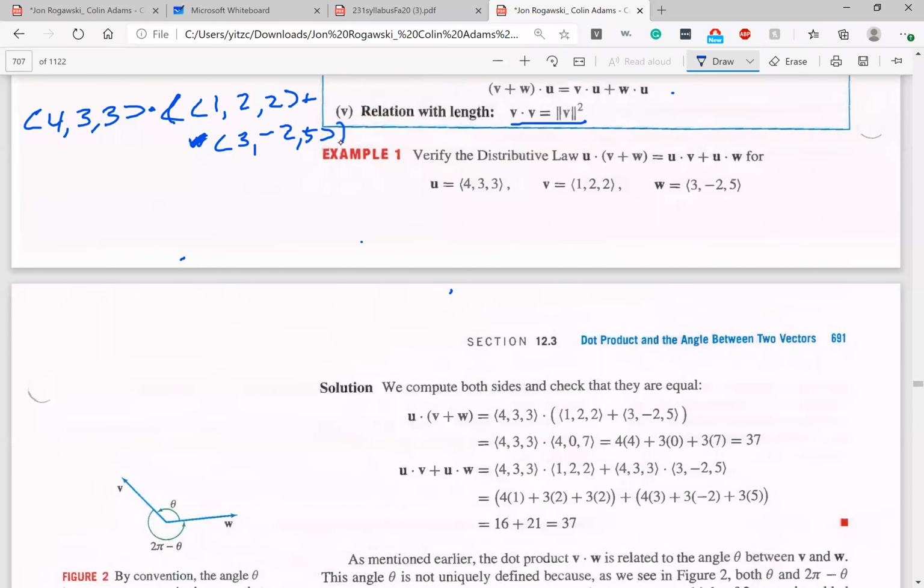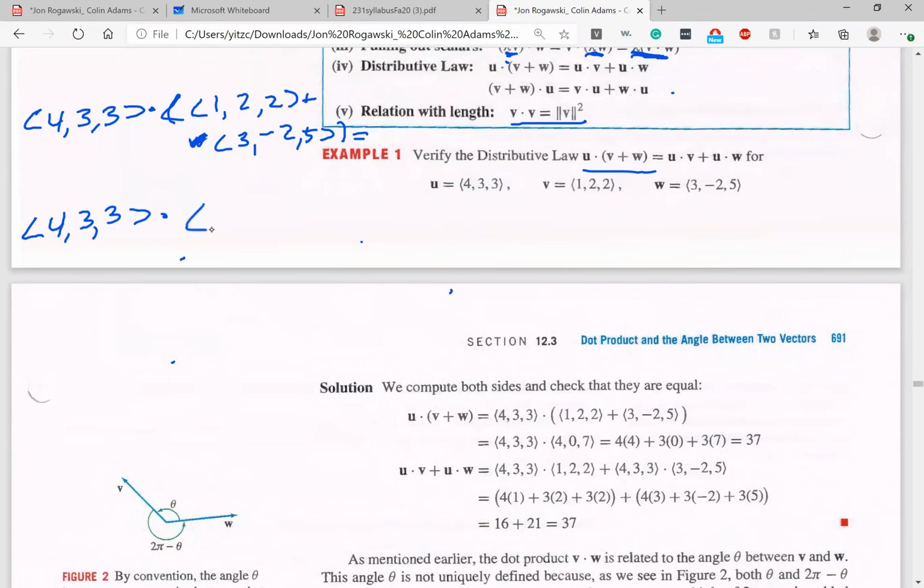Now if we're doing this one, we first want to add these two vectors. So this is going to give us 4, 3, 3 dotted with 1 plus 3 is 4, 2 minus 2 is 0, and 2 plus 5 is 7.